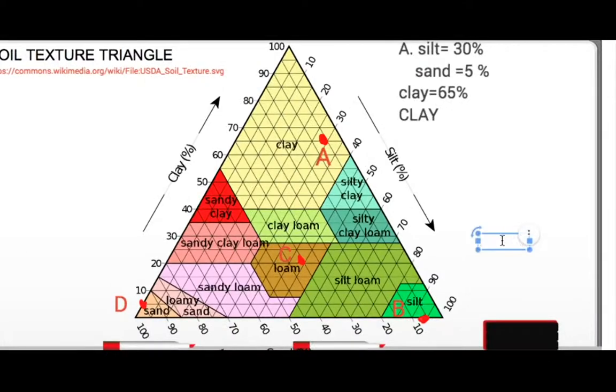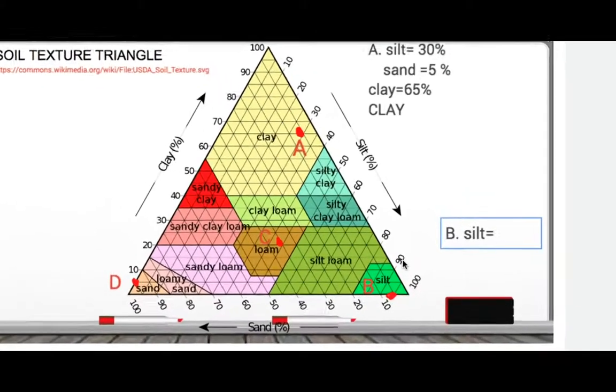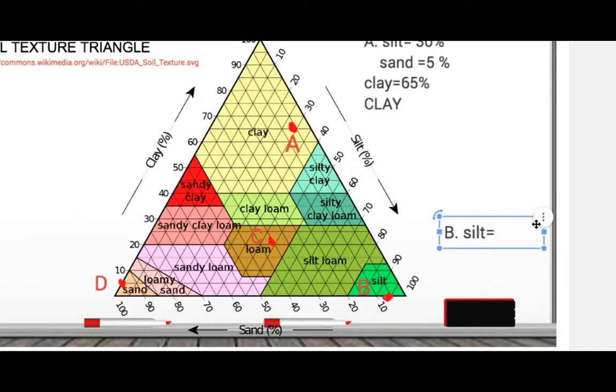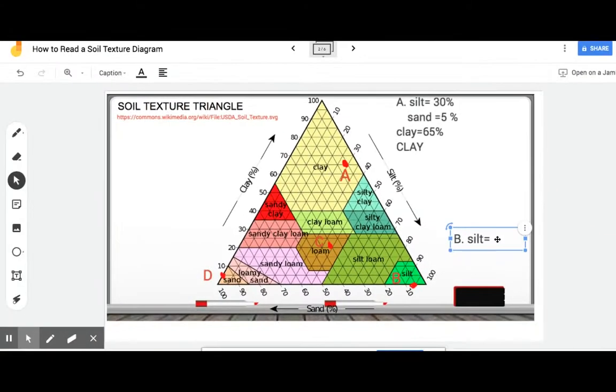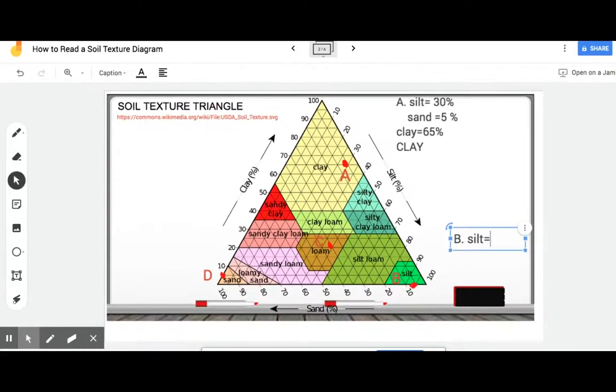Now let's have sample B. For silt, you have in between 90 and 100. So let's approximate that as 95.